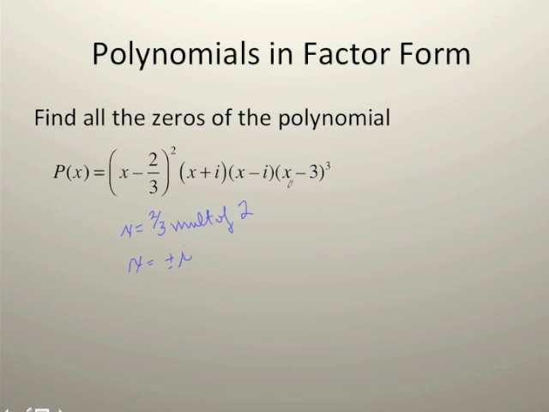And here x would equal 3, and because of this cubed, it has a multiplicity of 3. So that's 2, 3, 4, 5, 6, 7 roots for that polynomial.